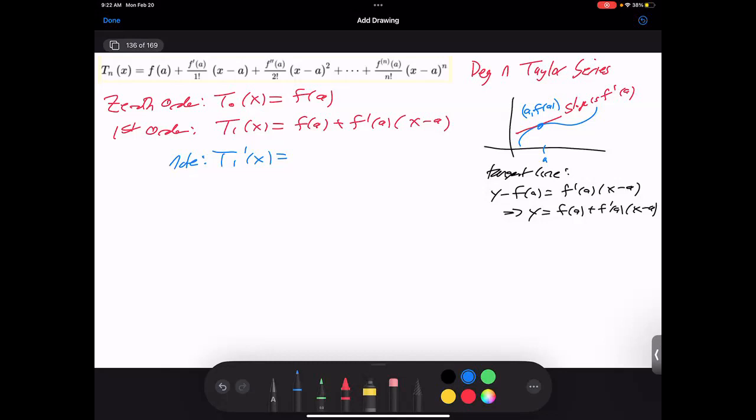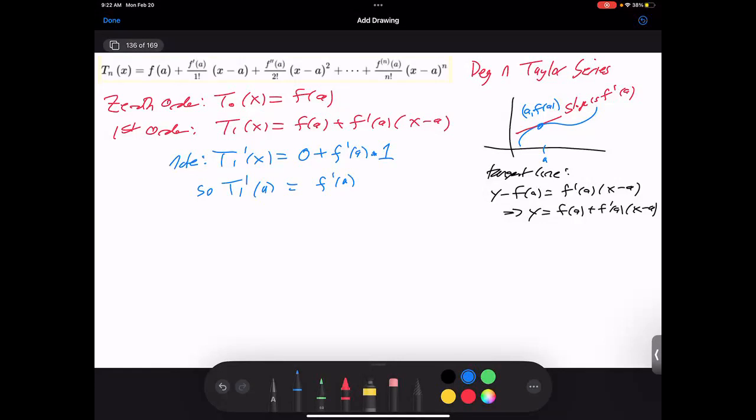Now I multiply it by a number. What's the derivative of f prime of a times x minus a? It's just f prime of a. So this is just equal to 0 plus f prime of a times 1. So t1 prime of a equals f prime of a.